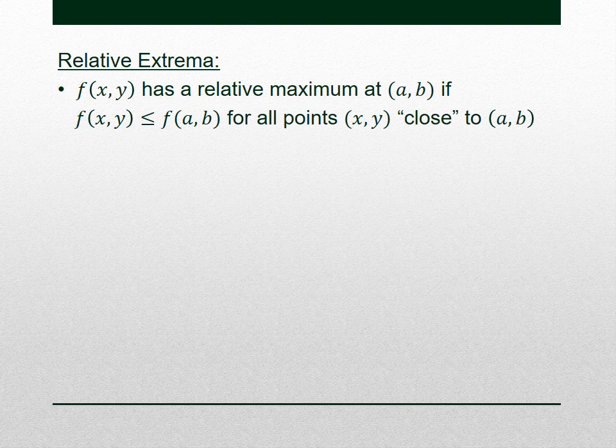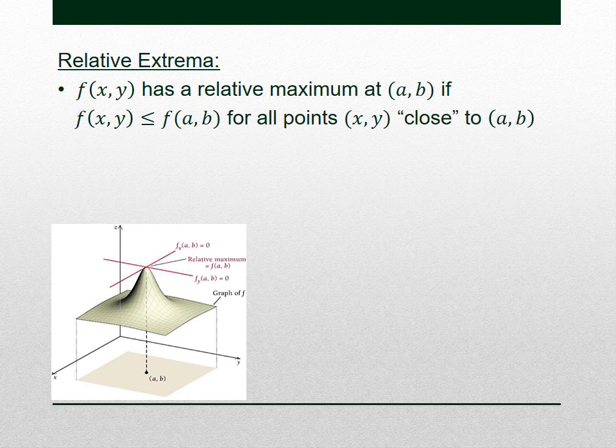If you look close to (a, b), then that is a local or relative maximum. It still looks like the top of a hill, but the graphs look a little bit different, right? It's not just a curve. Here it's a three-dimensional picture, and that relative maximum still looks like the top of a hill from all directions.